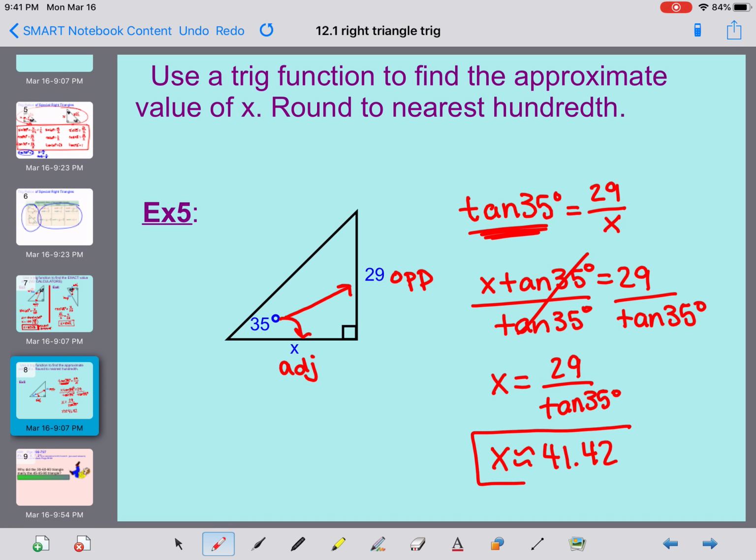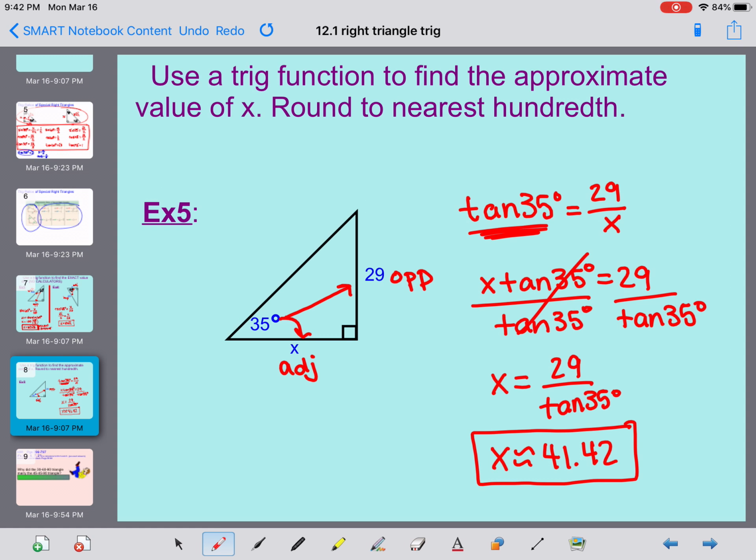Now, some comments about the calculator. If you're using the school calculator, the TI-34, your sine, cosine, and tangent buttons are under Trig.